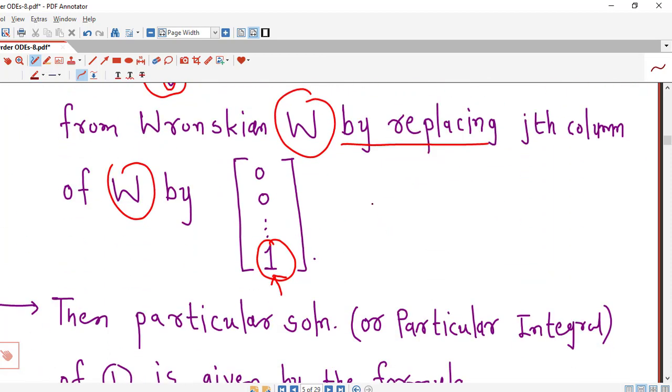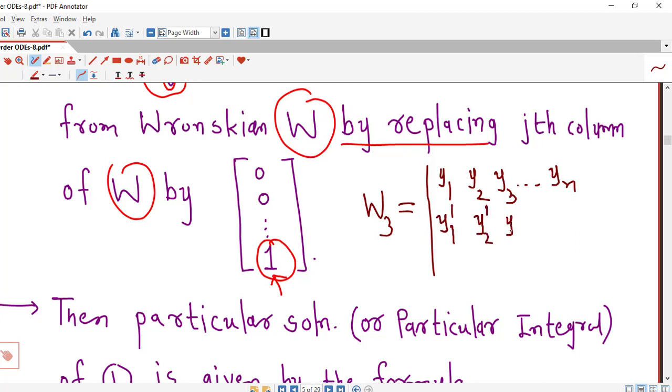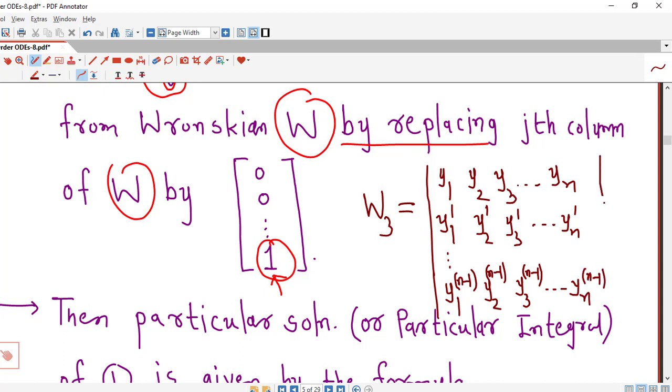If we want to write w3, first we write the Wronskian: y1 dash, y2 dash, y3 dash and yn dash, and so on. The last row is the (n minus 1)th derivatives of y1, y2, y3 and yn.